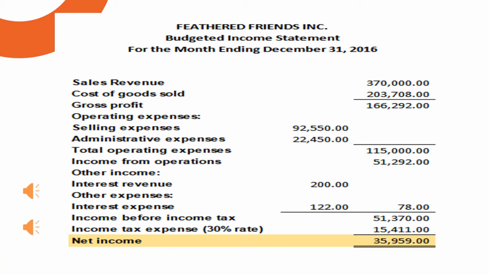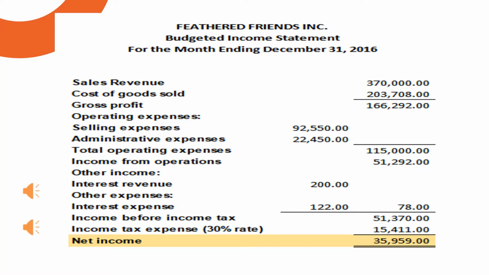If you remember, we got this amount from our cost of goods sold budget that we were able to calculate a while ago. So that would give us a gross profit of $166,292.